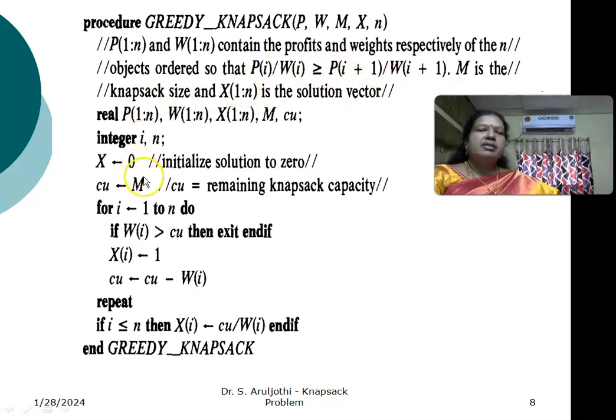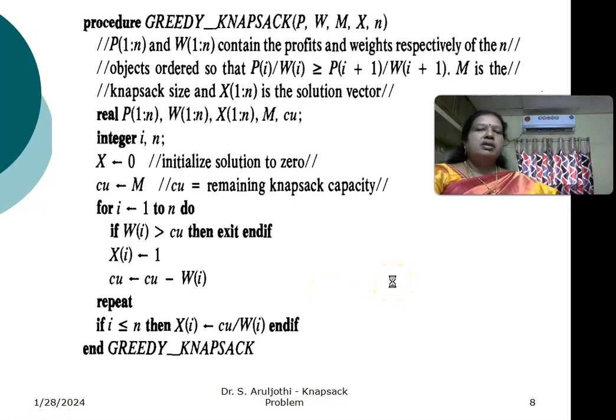So first I have to assign 0 to all the x values, then the maximum capacity M to CU, and each and every time I have to check whether the weight is greater than our maximum capacity. If it is okay, then we have to place 1 to the x value, and we have to subtract the weight from the maximum capacity. So I have to repeat the process until I finish all the items filling.